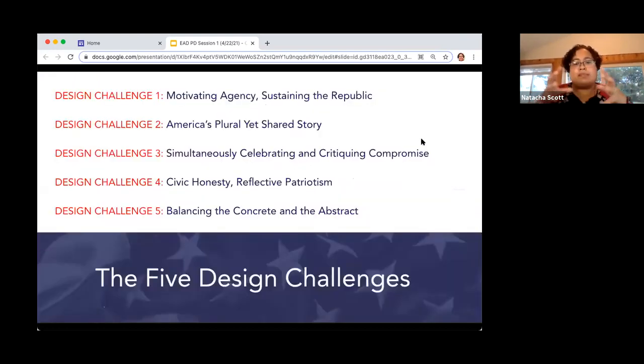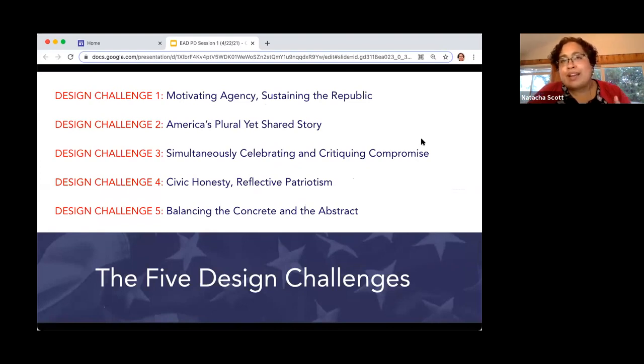Now, the final element of all of these pieces is the design challenges. The design challenges are going to be the heart and soul of today's conversation. We're thinking about how we can dive deeper into these design challenges that really leverage the tension that we see in history.